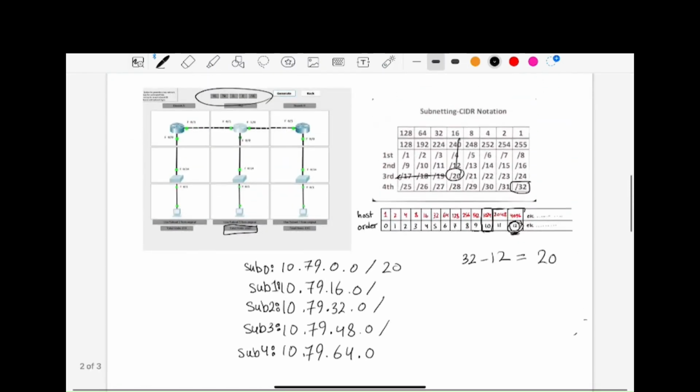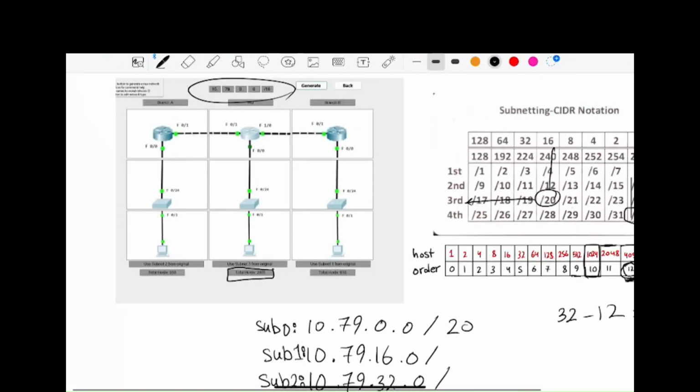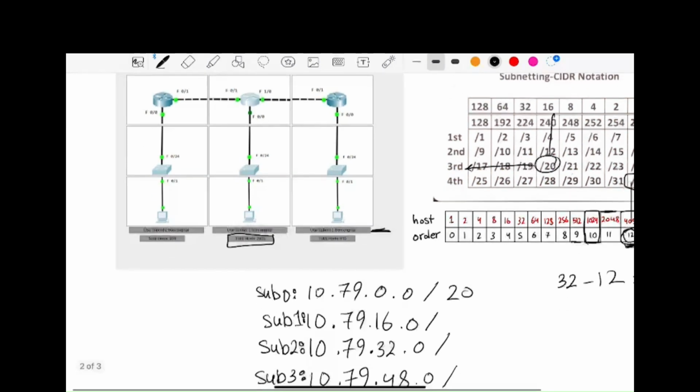Okay, then let's take a look here at this network. We know that branch B wants the first subnet, which is this one here.